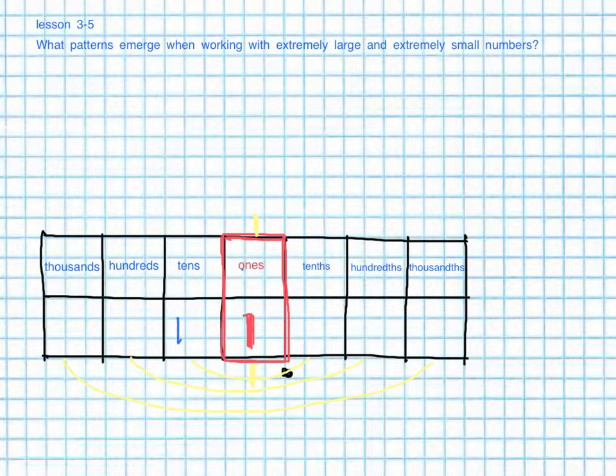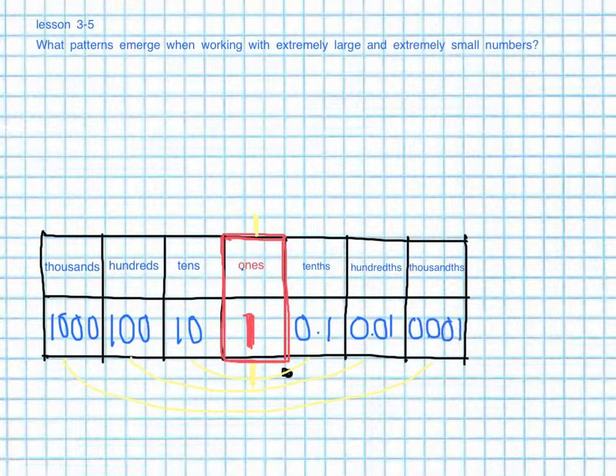Tens would be 10, hundreds 100, and thousands 1000. On the other side, tenths would be 0.1, hundredths would be 0.01, and thousandths would be 0.001.